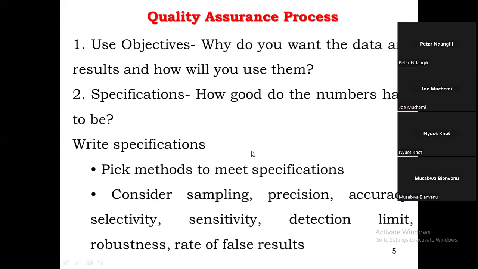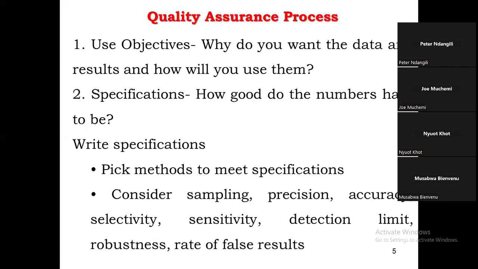Now, when we talk about the quality assurance process, there are specific items that have to be observed. And these specific items will come in form of questions. Number 1, the objectives of your quality assurance process.